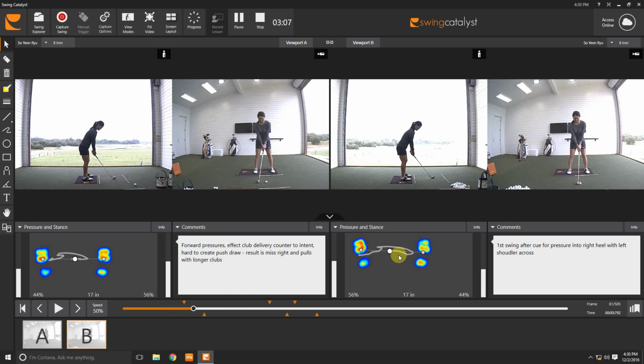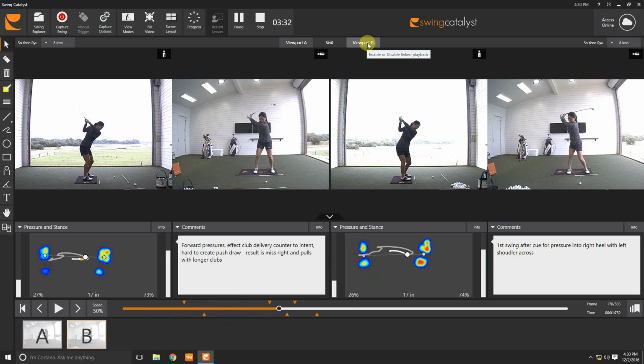So we've got a little bit greater level of pressure showing up in the heels on the bottom right hand side. And then what I cued her for in the first swing, so this is the first swing coming back after a discussion on what's necessary to change, I cued her of pressure into the right heel with a left shoulder moving across. So we've got a little bit of a translation, a lateral body shift over to the trail side, and a much greater pressure shift back into her right heel.